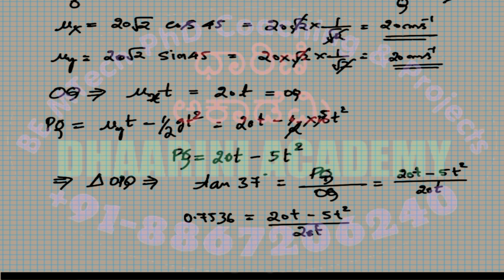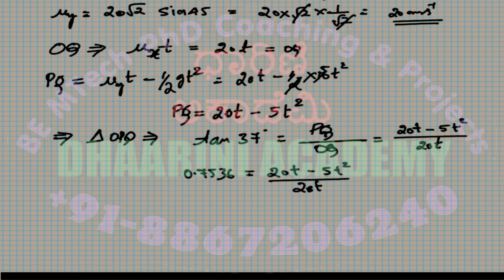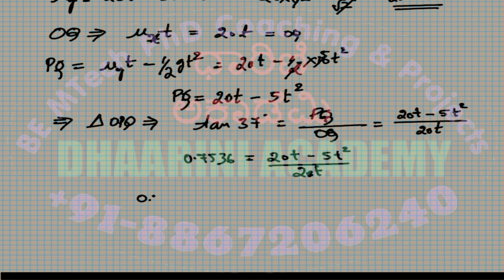Cross multiplying, 0.7536 into 20t is equal to 20t minus 5t square.